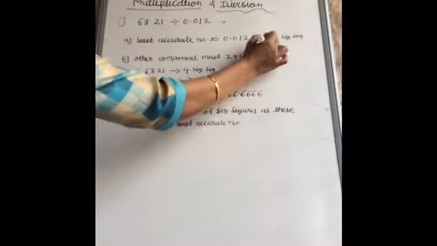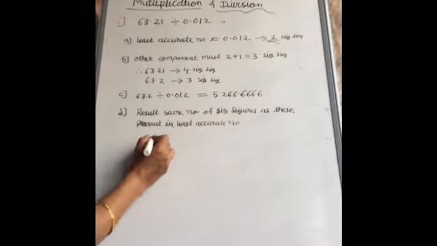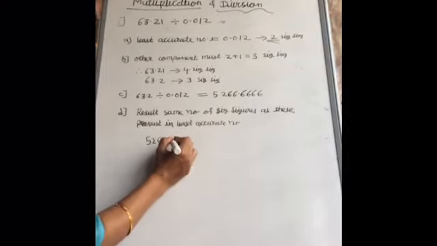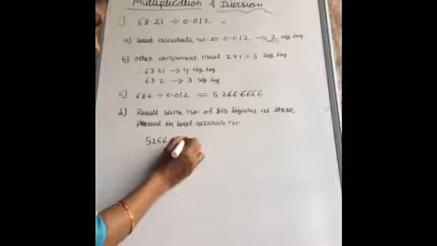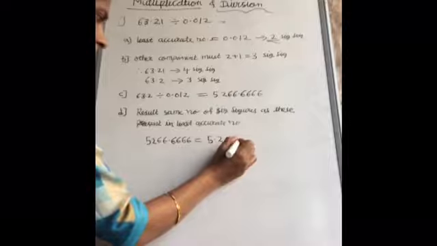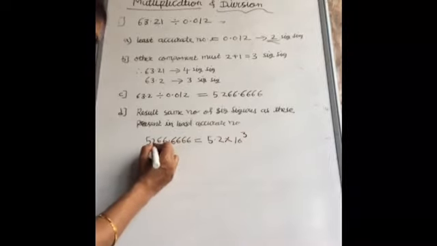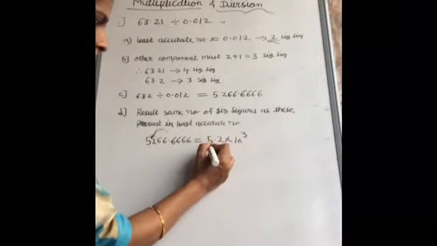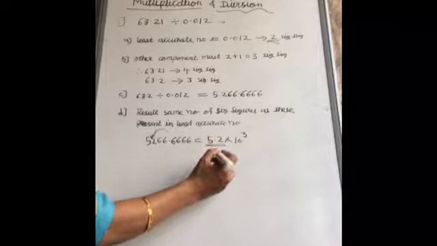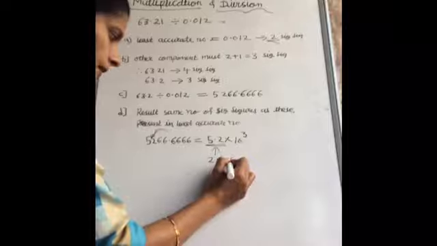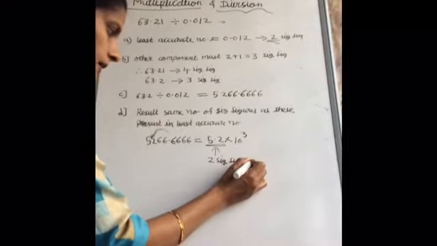It has 2 significant figures, so our answer should have 2 significant figures. So we write 5266.6666 as 5.2 into 10 raised to 3. The decimal is shifted to here, so these are 2 significant figures. Your answer has 2 significant figures. This is about division.